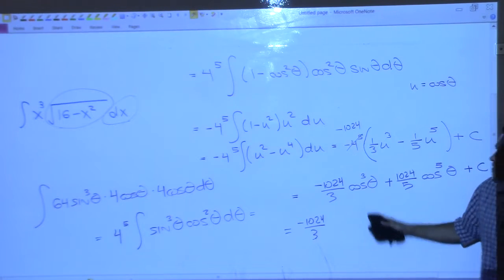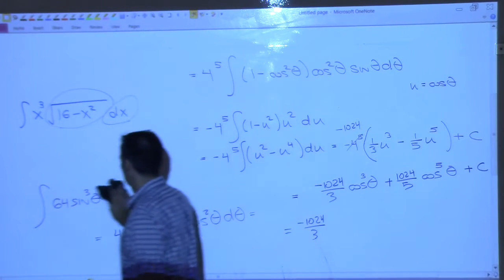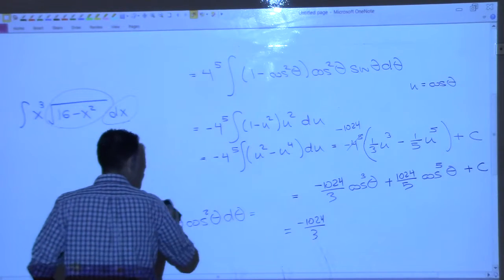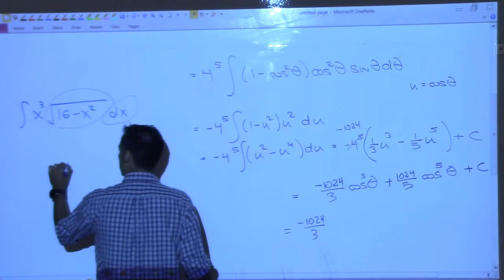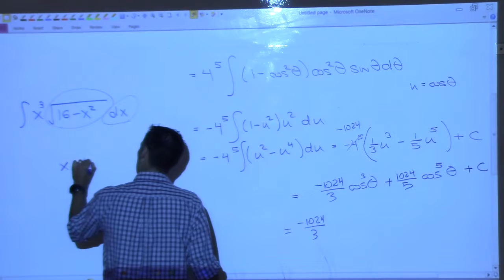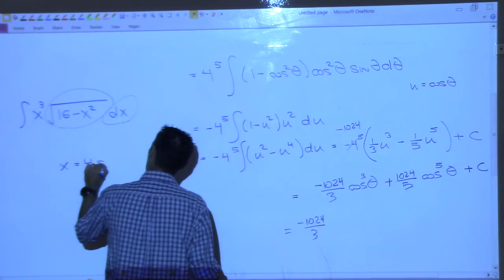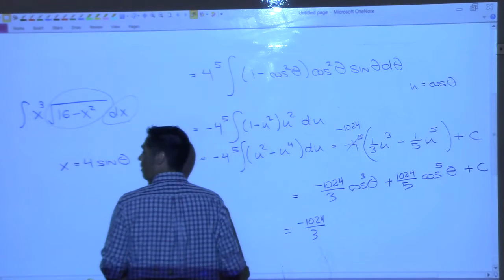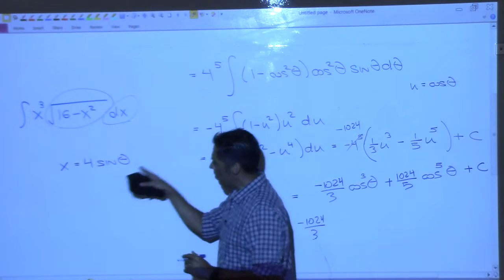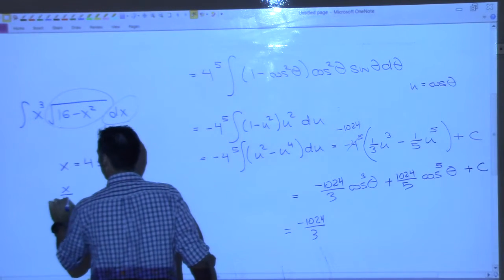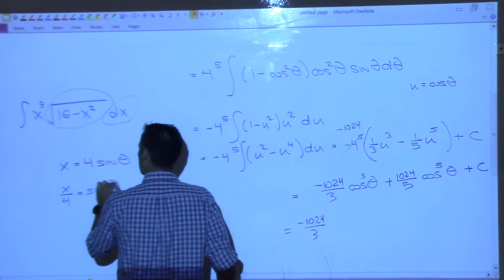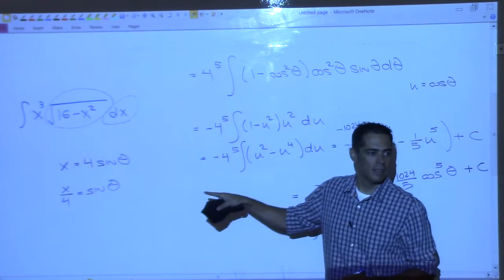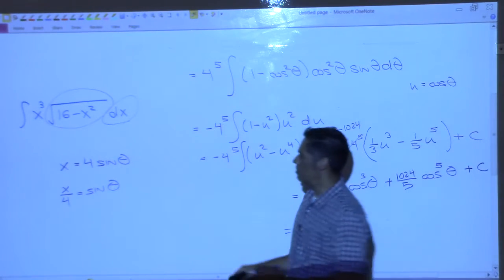Cosine theta. Well, what was the trig substitution we made? What was the original trig substitution we made? We replaced x with 4 sine theta, right? So from here, x over 4 is sine theta, right? And I can draw a triangle from this.